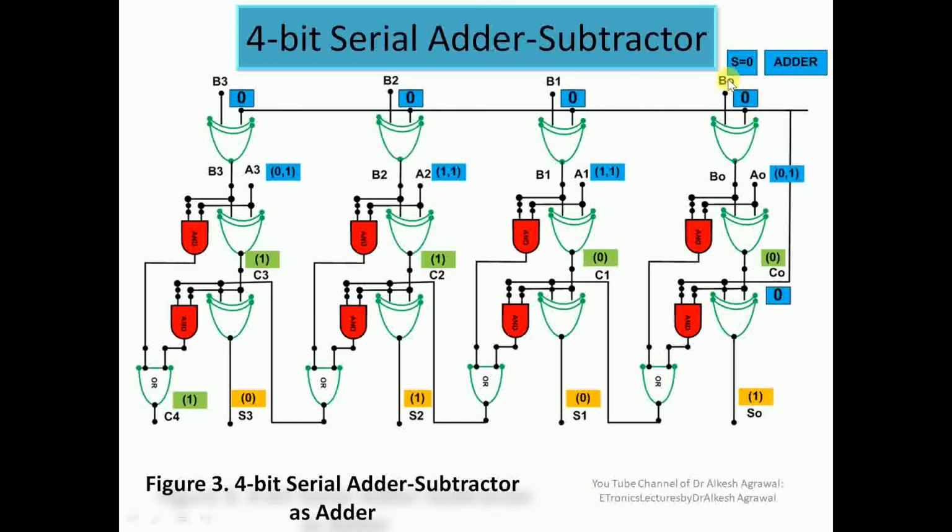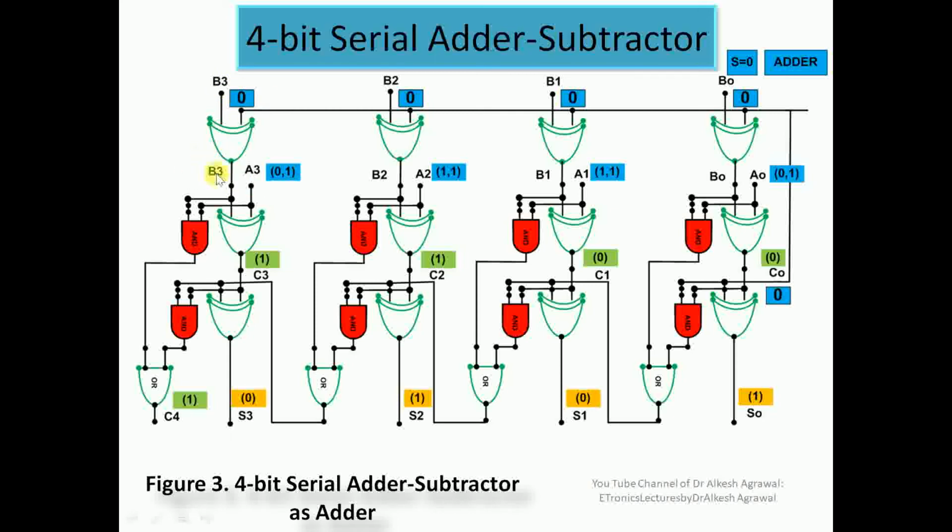And I have already told you, in an exclusive OR gate, when B0 is exclusively ORed with 0, at the output we again get B0. If it is 0, we'll get 0. If it is 1, we'll get 1. Similarly, when B1 is exclusively ORed with 0, we get B1. When B2 is exclusively ORed with 0, we get B2. And when B3 is exclusively ORed with 0, we get B3.